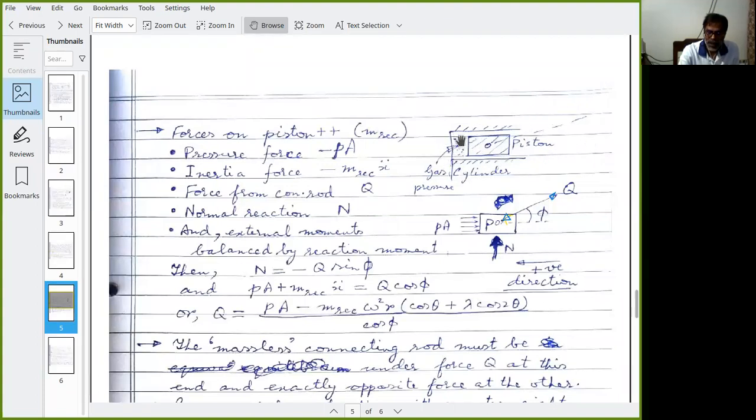So this is the side from which the gas pressure is operating. So that's why I am showing like this. And the positive direction is this. So when you write x double dot, its positive sense is in this direction.